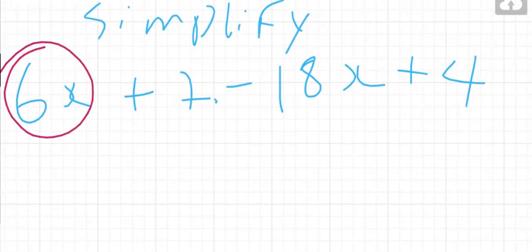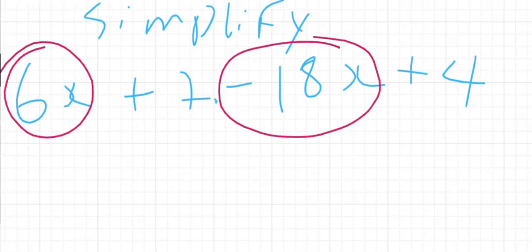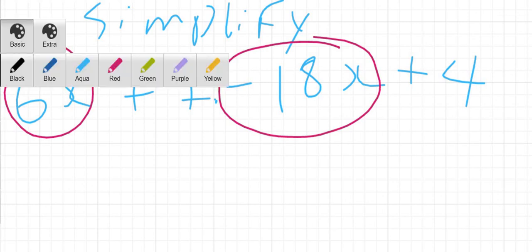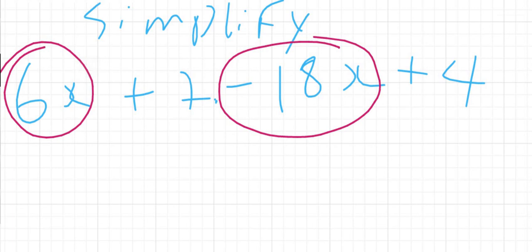So 6x minus 18x. So we just group them. What you would understand is that step 1 and step 2 can basically be done in one step, just to make it more concise. So as we identify the like terms, we group them at the same time.